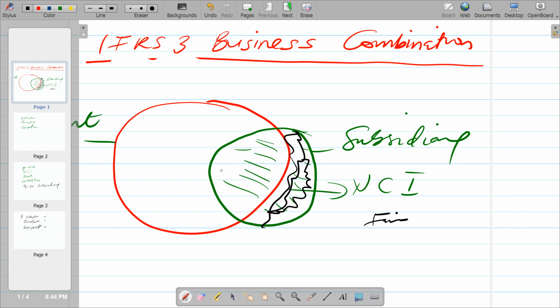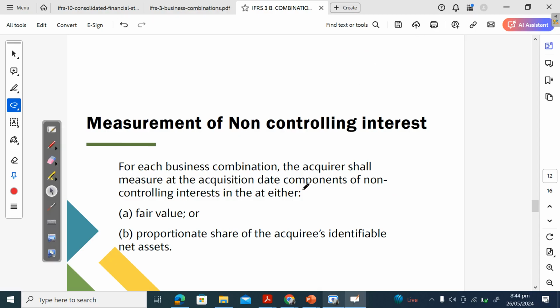So if, let's say, the parent has 80% shares interest, then the value of the non-controlling interest is 20%. So there are two ways: either we use the fair value or the proportionate interest in the subsidiary. These are the two ways of valuing non-controlling interest.